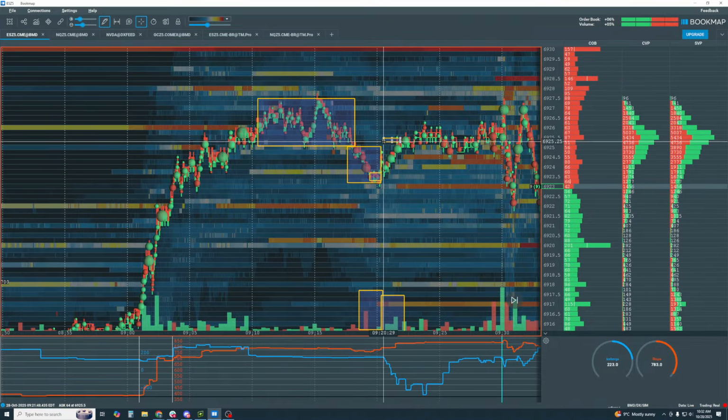That way we know that sellers are in control of the move away from that area. There's no interest in buying, and buyers cannot take it back up into this area. So that's what we're looking for, and then a move back down to the bottom of the range. You can take some off there, and then look for the continuation as well, and then we're starting to trend.